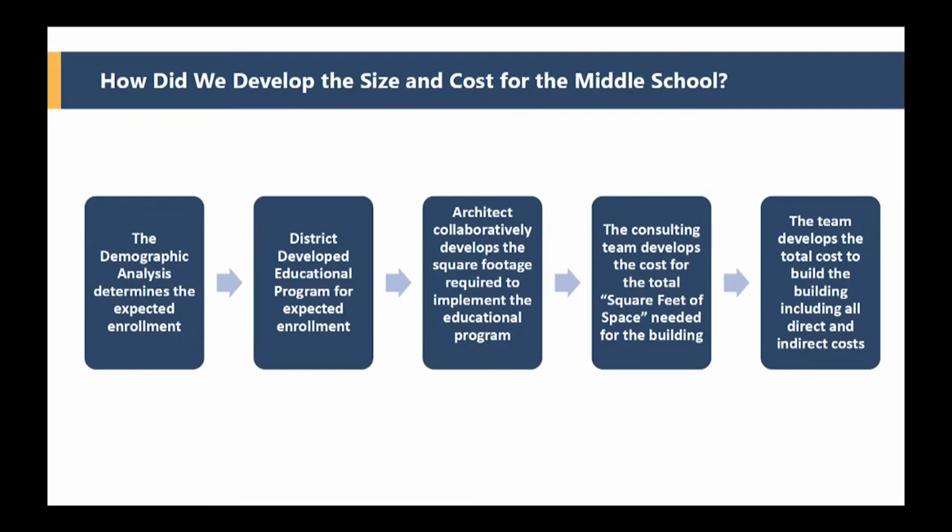We then develop a cost around that square footage. So that's just to build the building. Then we have to add what's called the indirect costs. That's all the other things that you need to do to build a building in the location with the particulars of Abington Middle School. So with that, I'm going to hand it over to David just to speak a little bit about the programming to square footage process.